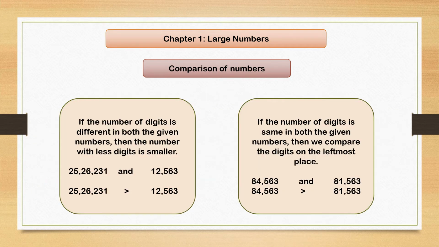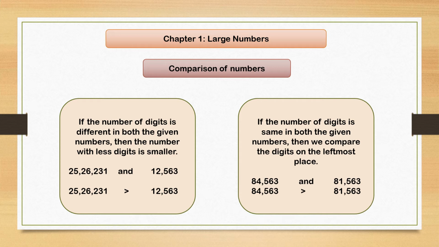Next we have comparison of two or more numbers. Now when we compare the given numbers, we come across two situations. First, that the digits in both the numbers would be different. Second, the digits of both the numbers would be same. Now, in the first situation, we will compare which number has greater number of digits.